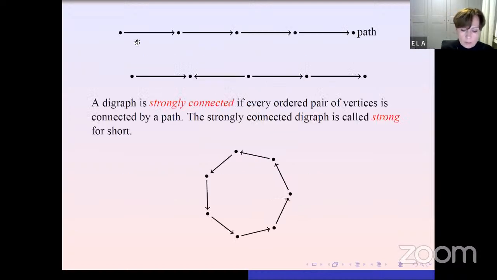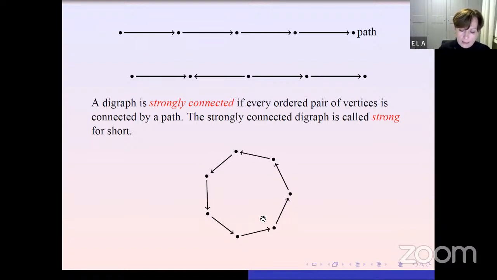Okay, so directed path, I will call path for short. So every time I say path, I think about a directed path. So this is not a path. This is not a path. And similarly for the cycle, directed cycle, I will call it cycle for short.